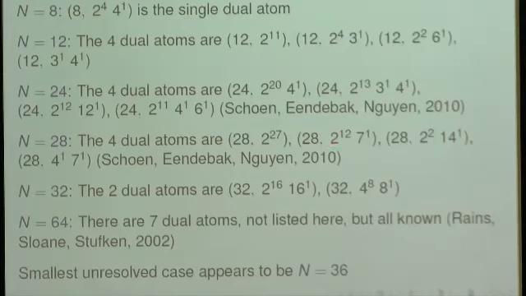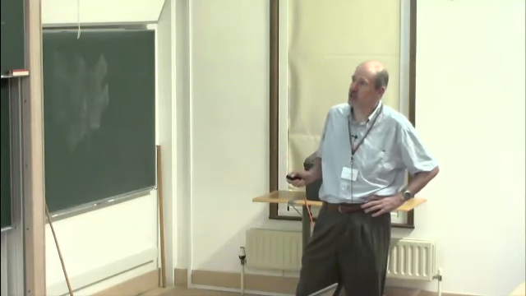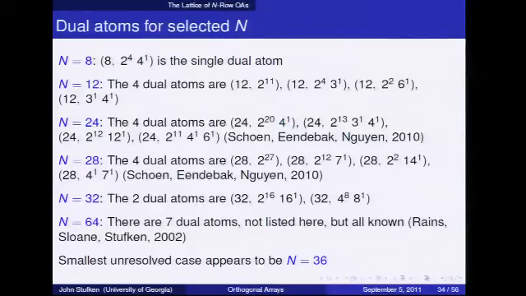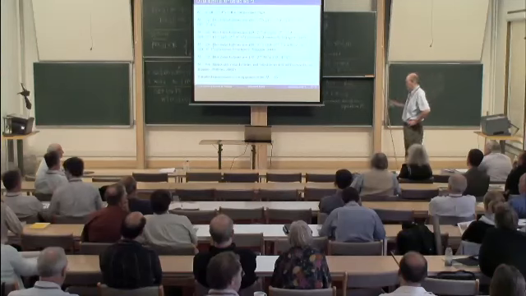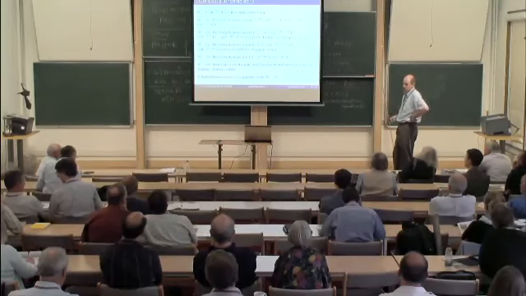So by computer program, Schoen, Eendebak, and Nguyen were able to identify all possible arrays for 24 and 28 runs, but it is just difficult to do by computer to enumerate all of this. I think the smallest unresolved case, if you want to have a crack at it, is n equal to 36. So you can try to come up with all possible orthogonal arrays, at least with the dual atoms, because that will give you everything for 36 runs.